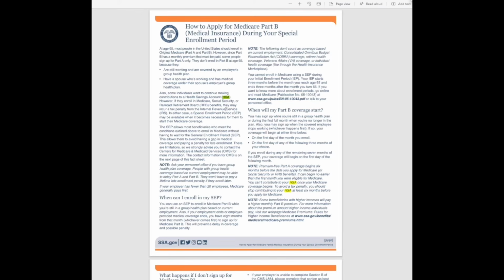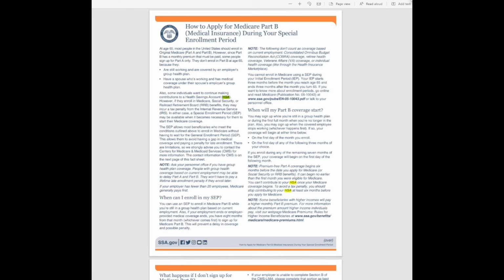Just know that even though your retirement benefits might be effective with age 67, your Medicare Part A is going to have 6 months of retroactivity based off of your filing date, which is the date that you made the appointment.